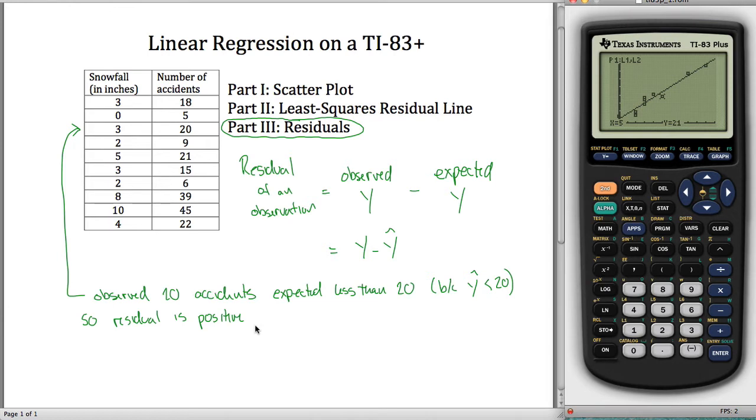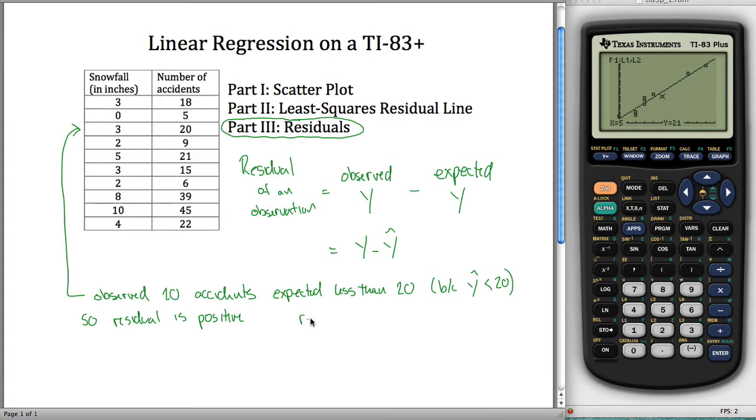Maybe we'll do it for this one. We have residual, which is y minus y hat, equal to 20, which was my y value. I have to figure out what my y hat is. But I can figure that out because I already know from earlier what my linear regression line was.